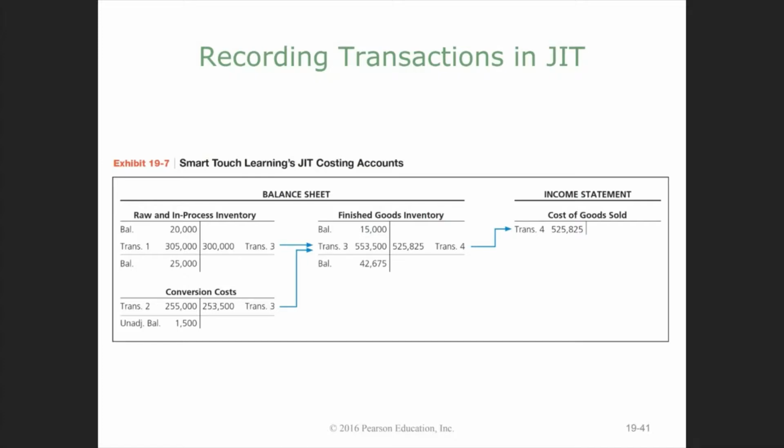So we take the 255 minus the 253, and that gives us the 1,500, and that 1,500 goes on the left-hand side because the left-hand side is greater. The 255 is higher than the 253, so it'll go on the left-hand side, the debit side.